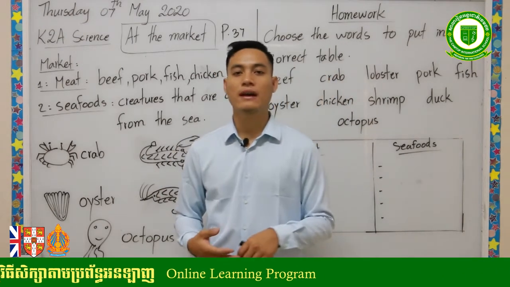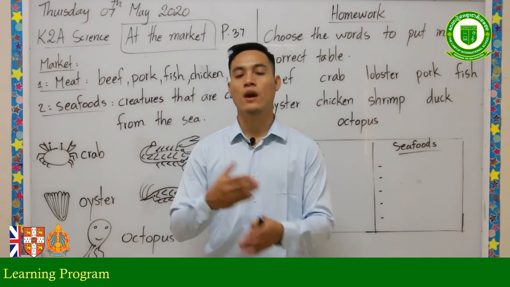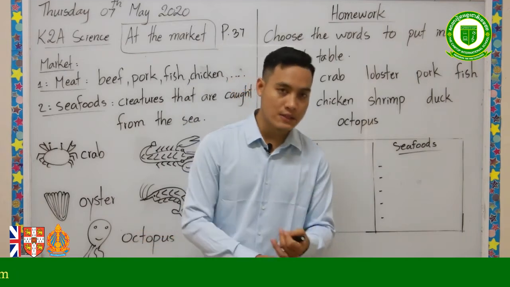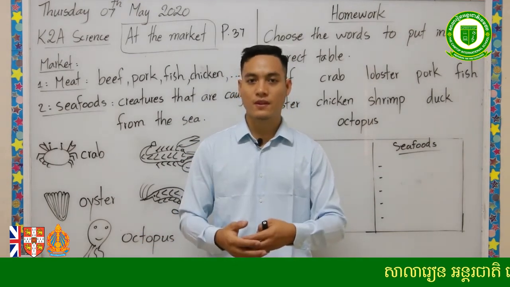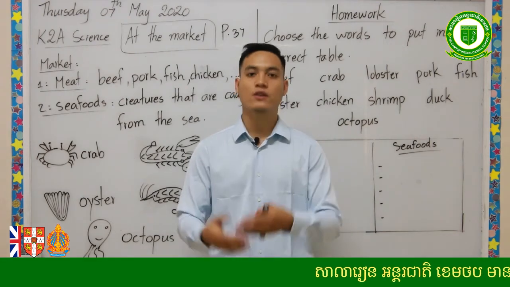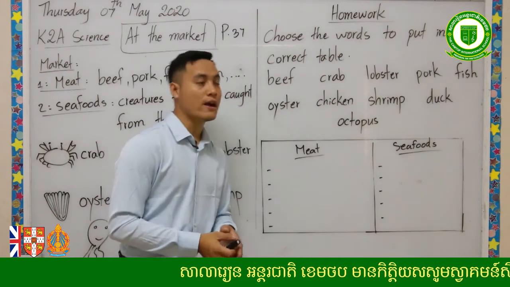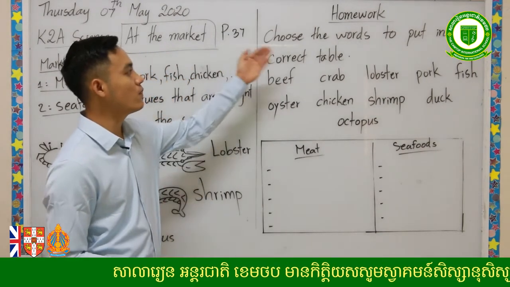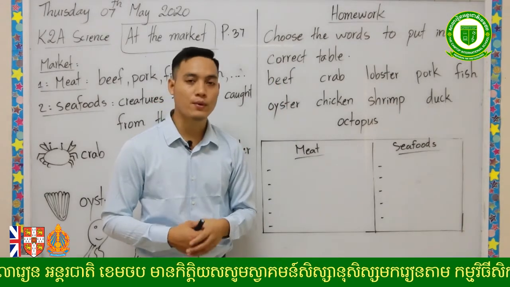And before saying goodbye, I want to give you a homework to make sure that you have researched your first and your second exercise. If you already researched, you already learned, I'm sure that you really can do your homework. Your homework right here is to choose the words to put in the correct table.